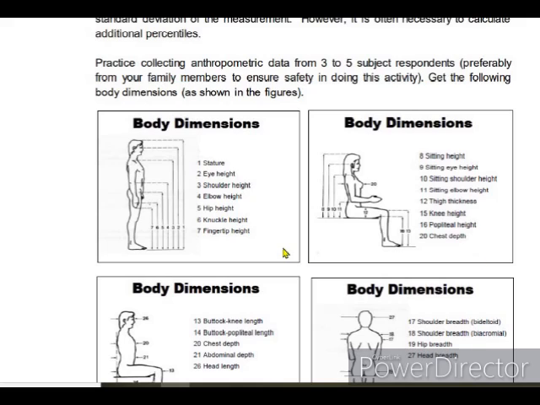First is the body dimension. You will measure the stature and the eye height. There are labels so you won't be confused where to measure. Per measurement, you will measure 3 to 5 subject respondents. To be fair, let's set it to 4. So each of these you should have 4 subject respondents. Next, body dimensions again.